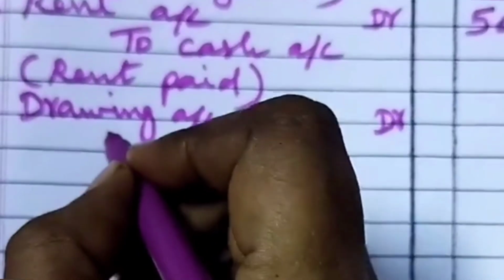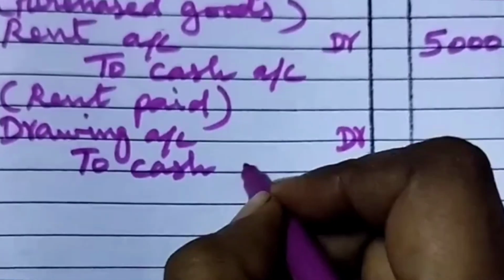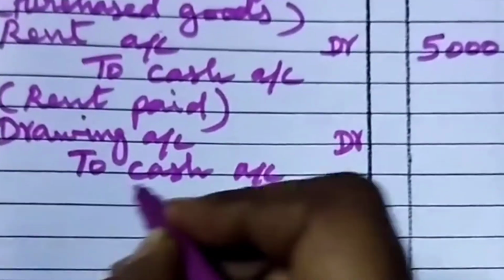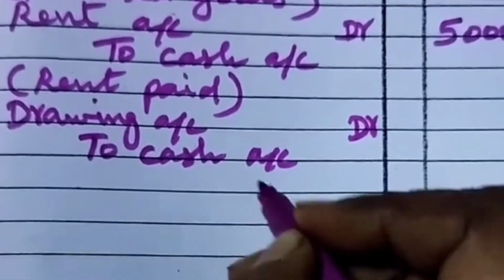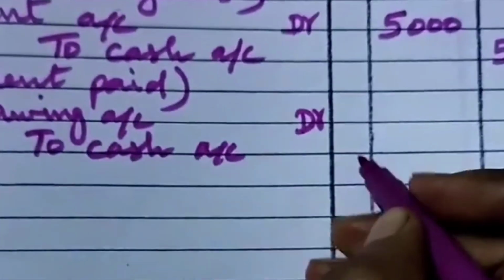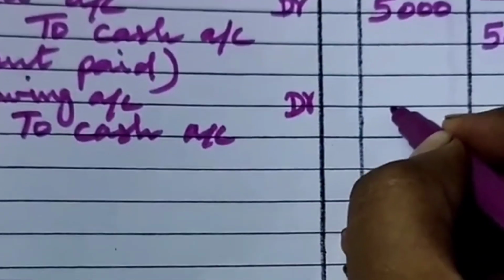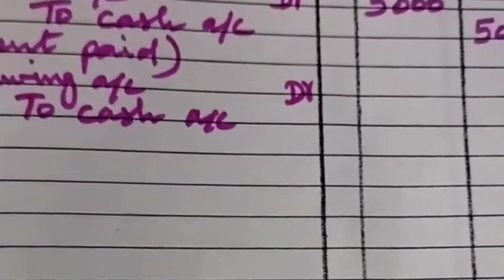Then to cash account. Why we are crediting cash account? Because it is a real account. Cash is going out from the business. Owner is taking the money from the business. So we are crediting the cash account. Here we have to write the amount. What is the amount? 6,000.